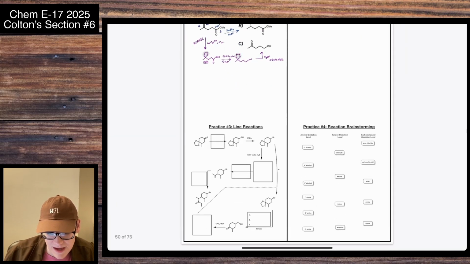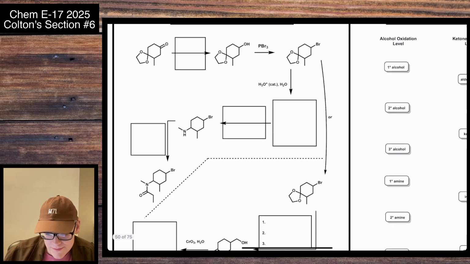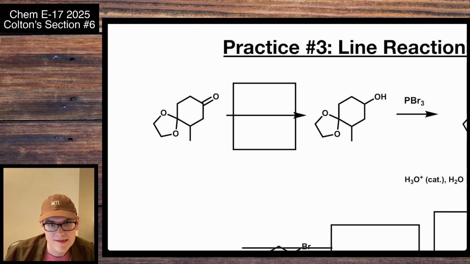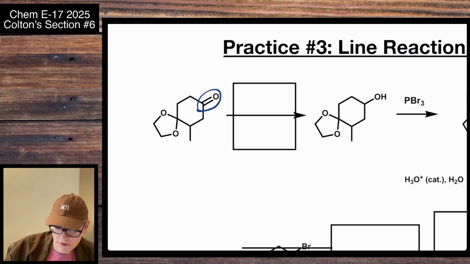So now let's look at some line reactions. Again, for these, I'm going to go pretty quickly since it's just me here. When we are doing reactions in a scheme, we are literally playing a spot the difference game of what has changed. Well, the difference here is we had a ketone, then we had an alcohol.